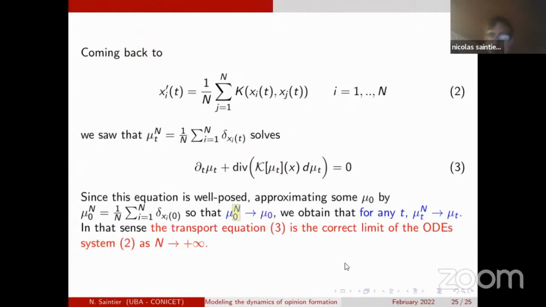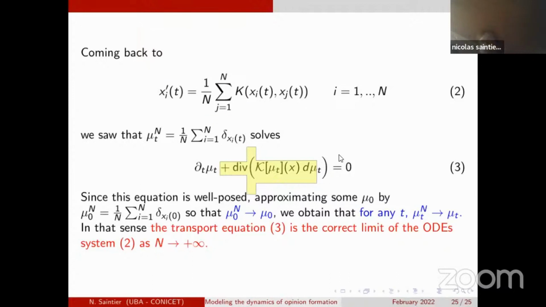Since the problem is well posed, we have continuity with respect to the initial condition, and this means that for any time t, the solution of the system will converge to the solution of this equation.